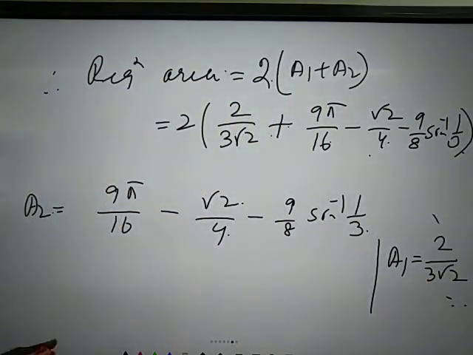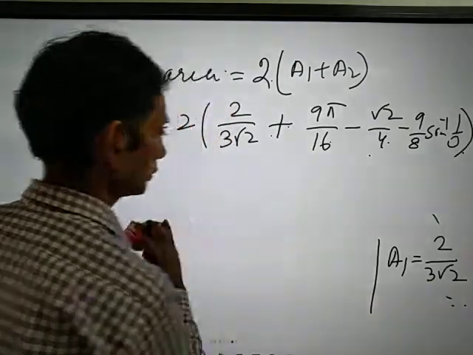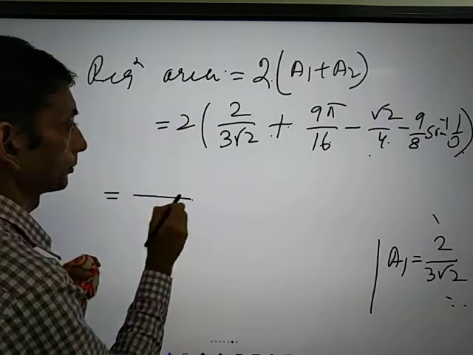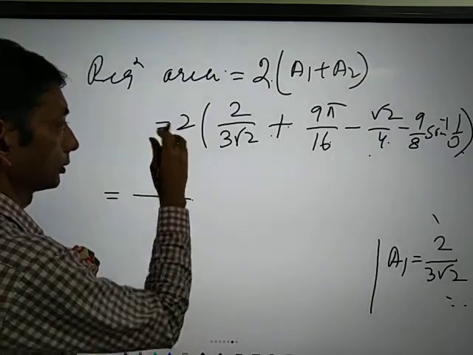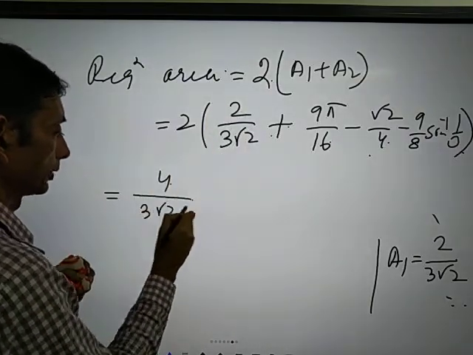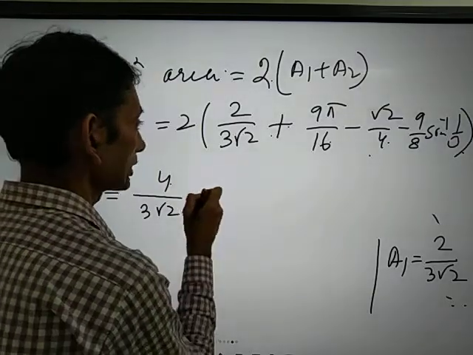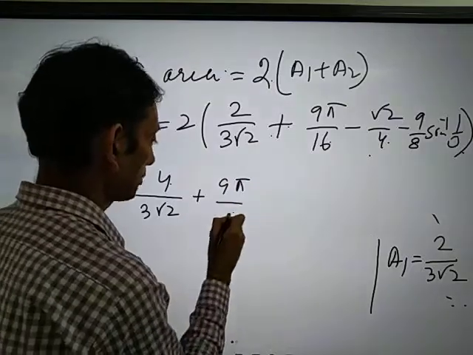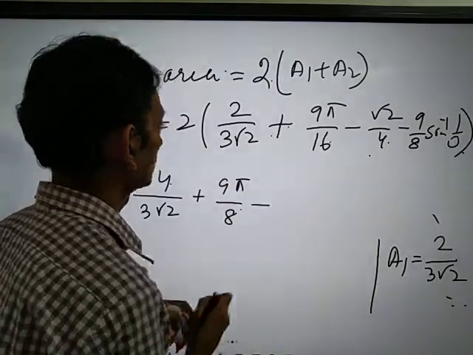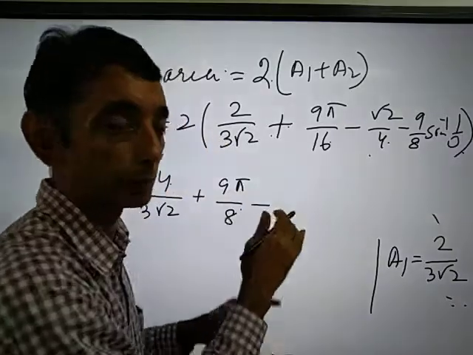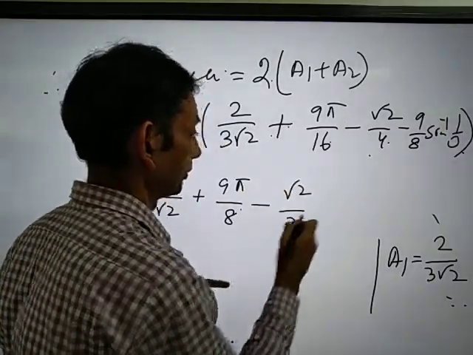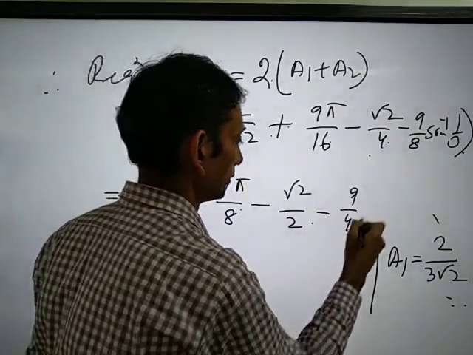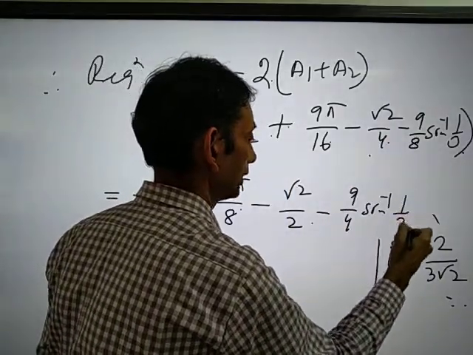Done. Now we'll simplify. This is 4 by 3 root 2, plus 9 pi by 8, since you cancel 2 with 16, minus, you cancel 4 by 2, root 2 by 2, and you cancel 8 by 2, that is 9 by 4 sine inverse 1 by 3.